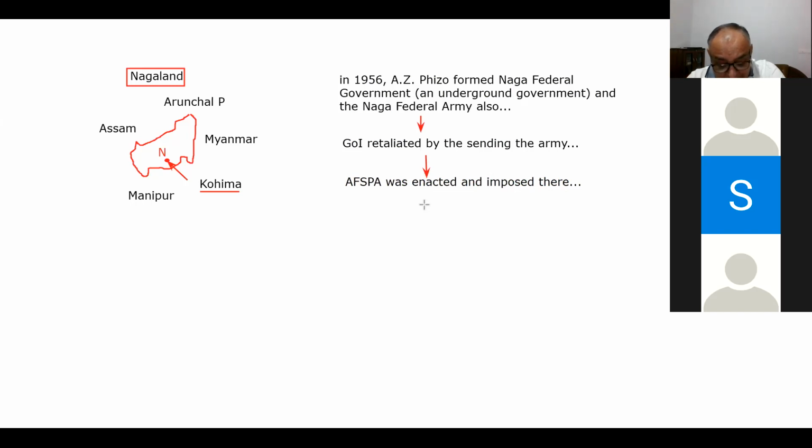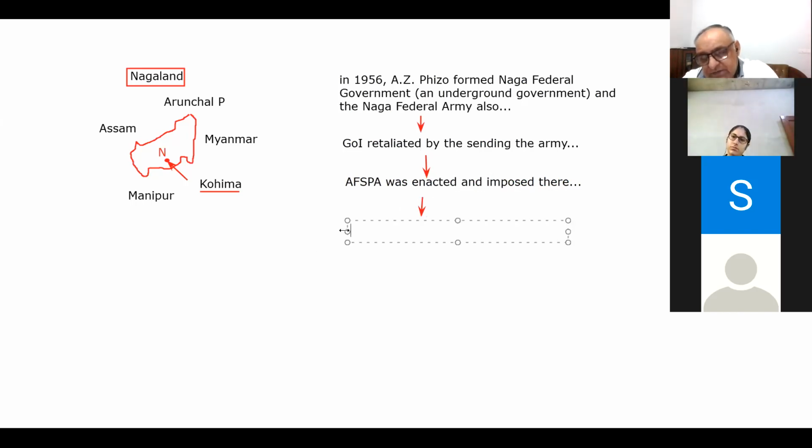So we can say, then what happened, right? In the past days, an agreement was signed by the governor of the Assam state, a peace agreement with the moderate Nagas, right, in 1947, because at that time they were demanding this, right?